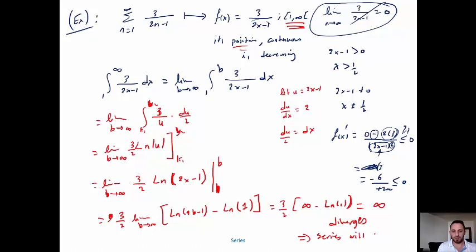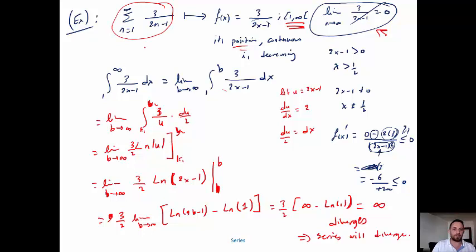As you can see from this, the divergence test gives me 0, but it doesn't indicate whether it's convergence or divergence. That's why we use another test, which is the integral test, right? And we see it gives me divergent. So this series will diverge.